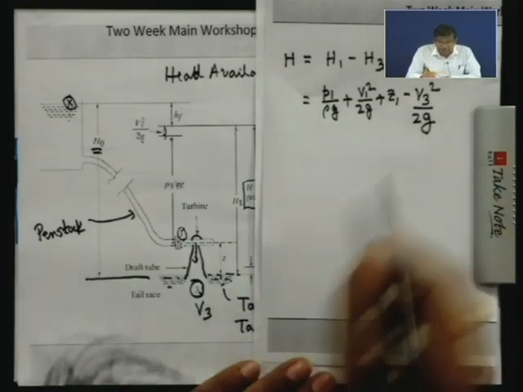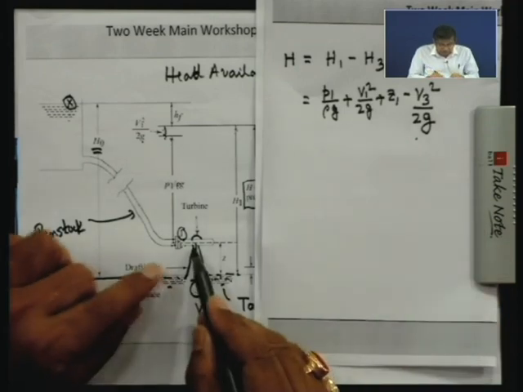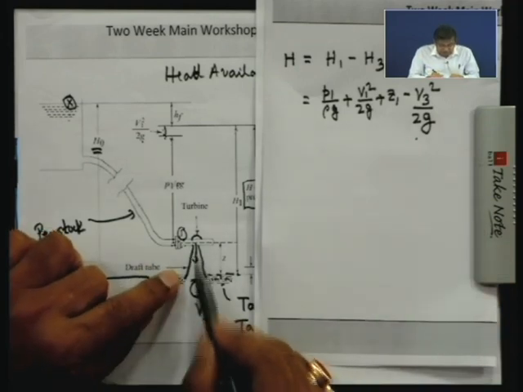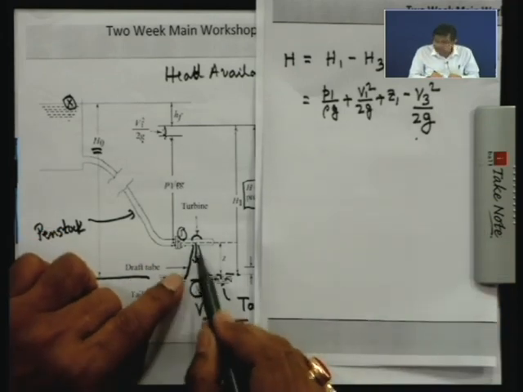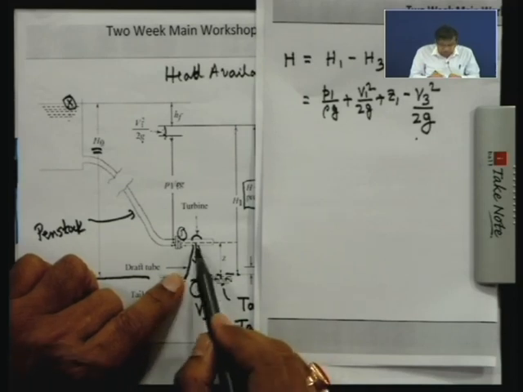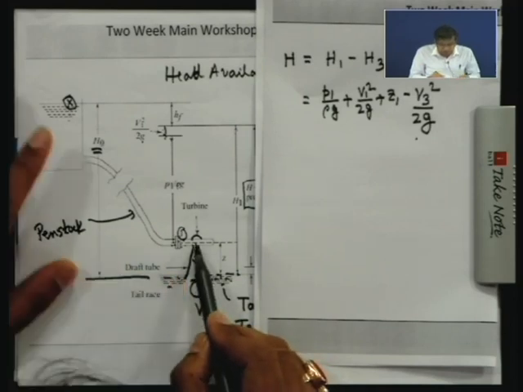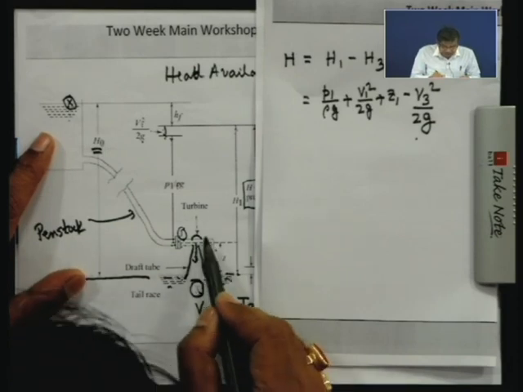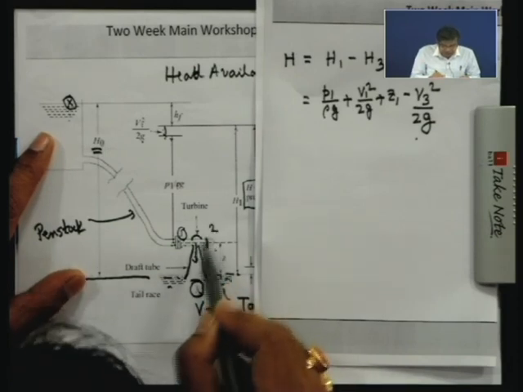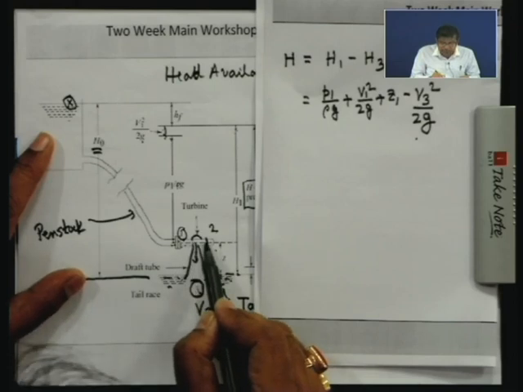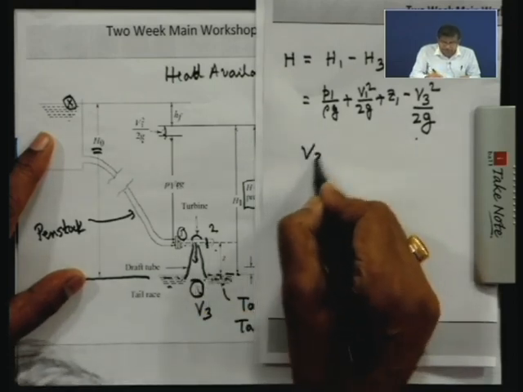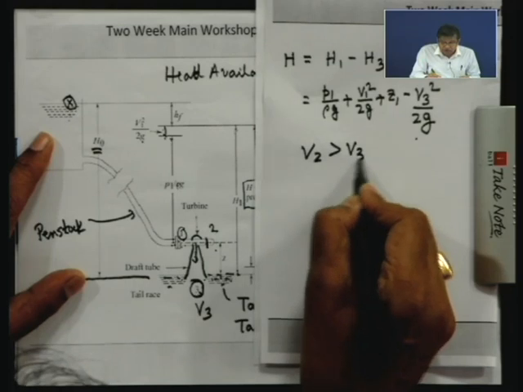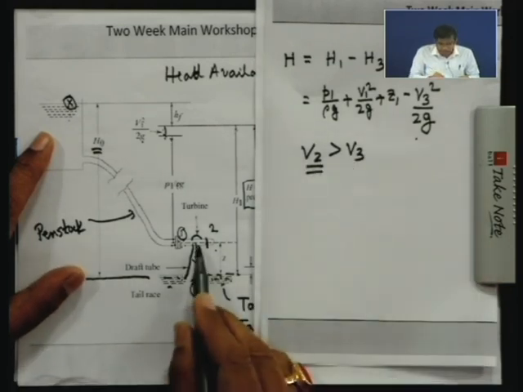Now, let us see what is the implication of this. When we add a draft tube, the velocity is reduced because it is divergent in nature. If we do not have a draft tube, the turbine discharges into atmosphere and the velocity is high. That means, at the outlet of the turbine runner, V2 is higher than V3, so we will have a higher loss of kinetic energy.